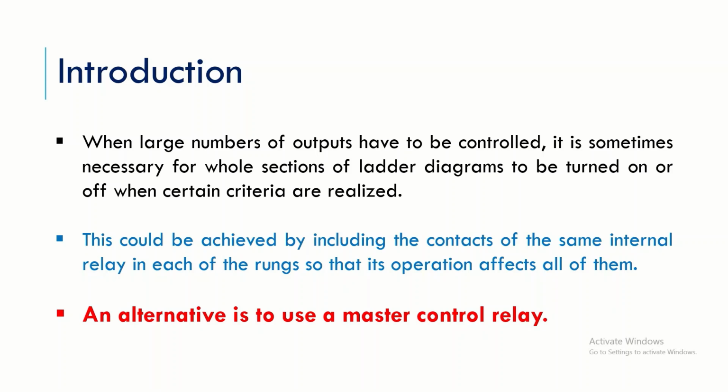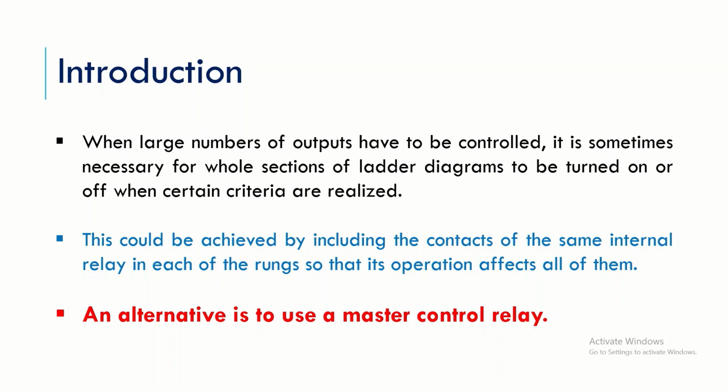So what you can do, at the first rung of each ladder that is destined to operate each production line, you can put one internal relay, and then you can use the contact of that relay in each rung. This is possible, but definitely you can think that the program will become a bit cumbersome.